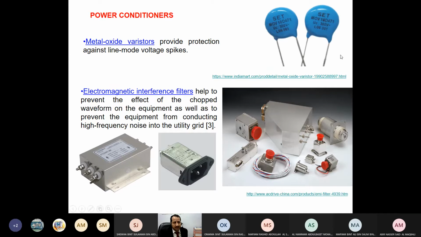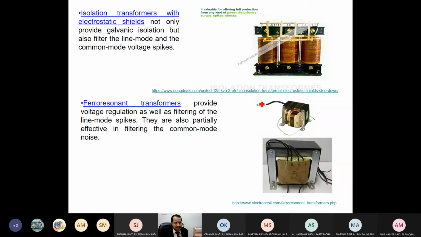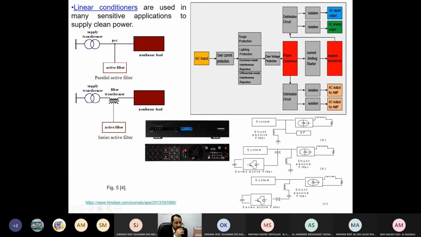This is how the metal oxide varistor looks. You can see them in some circuits, where they are connected. For electromagnetic interference, we see here we plugged in our cable for a PC, for example. Inside here is the filter, or this is another filter. This is the isolation transformer with electrostatic shield, as you can see here. Ferroresonant transformer, this one, and linear conditioner.